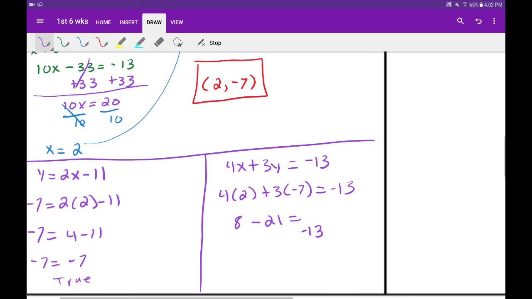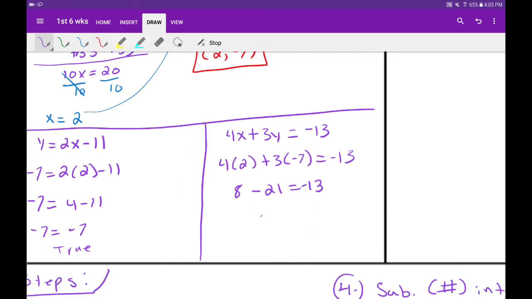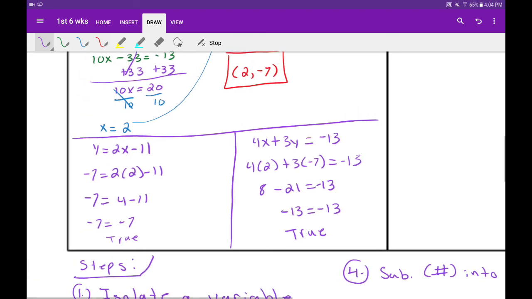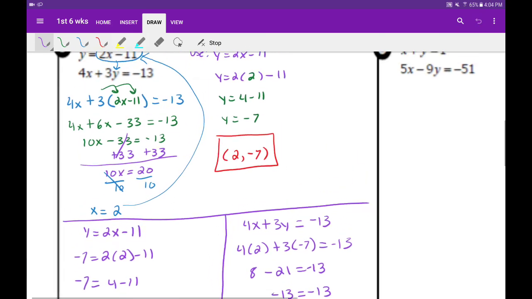Negative 13. All right, and then this becomes negative 13 equals negative 13. And this one is also true. So that verifies that 2, negative 7, that ordered pair is a solution to this system. So that's a great way to check to see if you did it correctly.